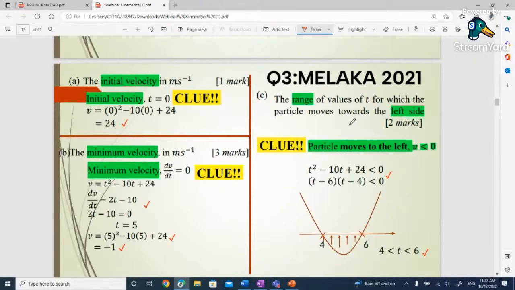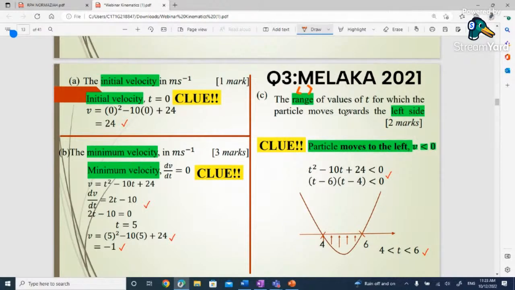C, kita nak tahu the range of values of t. Kalau awak tengok perkataan range, if you see the word range, remember is either greater than or less than. Dia kena ada yang tu. Dia tak boleh equals to. Kalau dah range, dia kena ada greater than or less than.